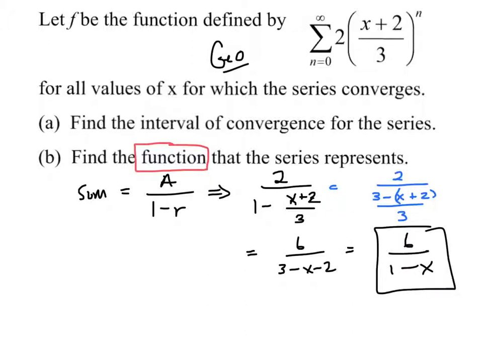And this is the function that, when you add up all these terms, the series will keep getting closer and closer to. So when it says find a function, you're either looking for some manipulation of a series you've already worked with, like e or sine or cosine, or you're looking for something geometric, where you can use the sum formula to figure out what this would get closer and closer to if you kept adding terms over and over again.